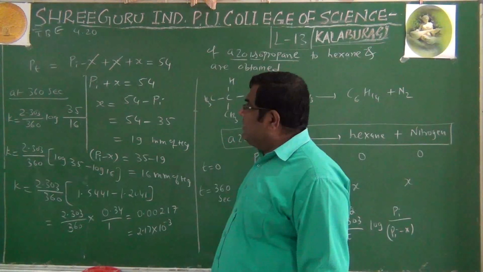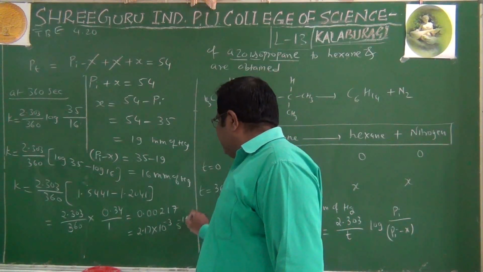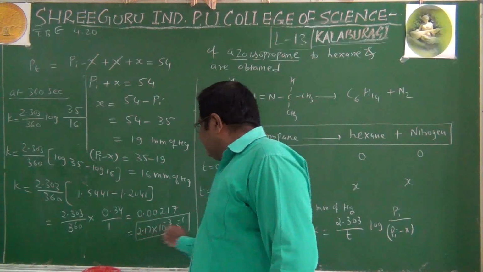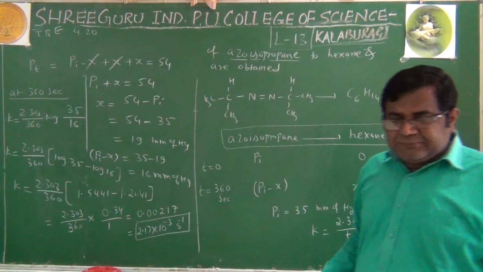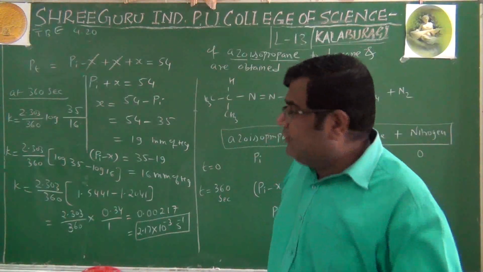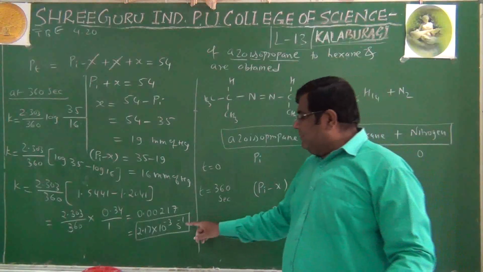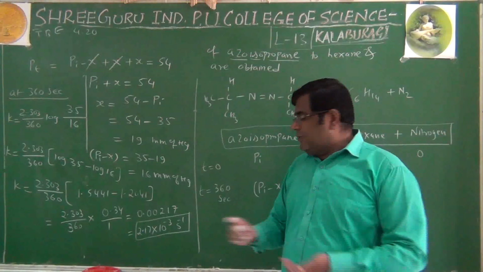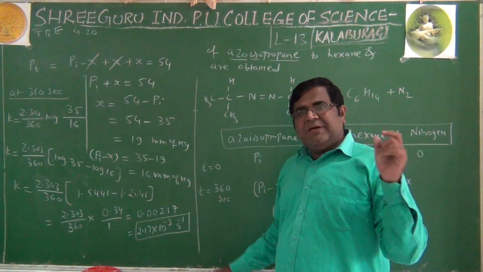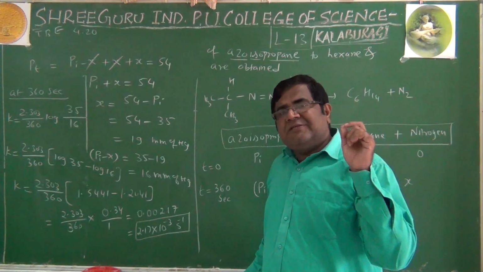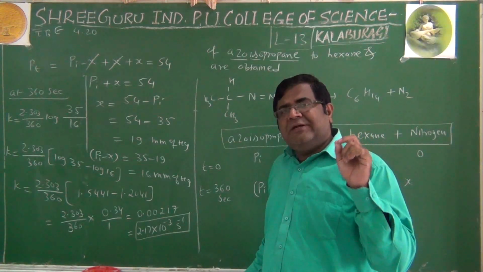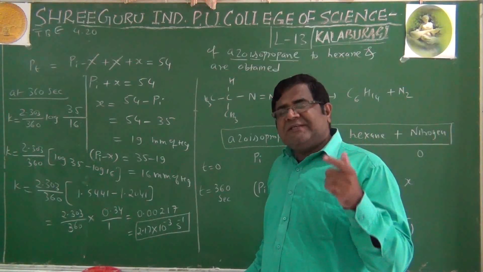And what unit should I write? It should be per second for this first order reaction. No need to mention millimeter of mercury. You can recall when we were learning the units of rate constant, atm raised to 1 minus n per second. If it is a first order reaction, n equals 1, atm raised to 0, and only per second.